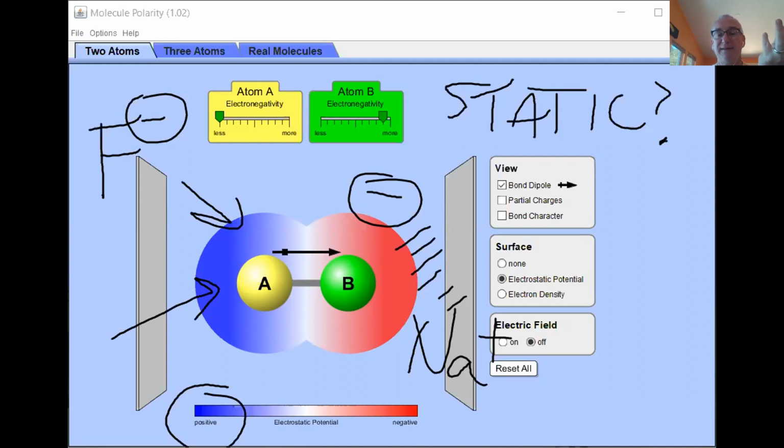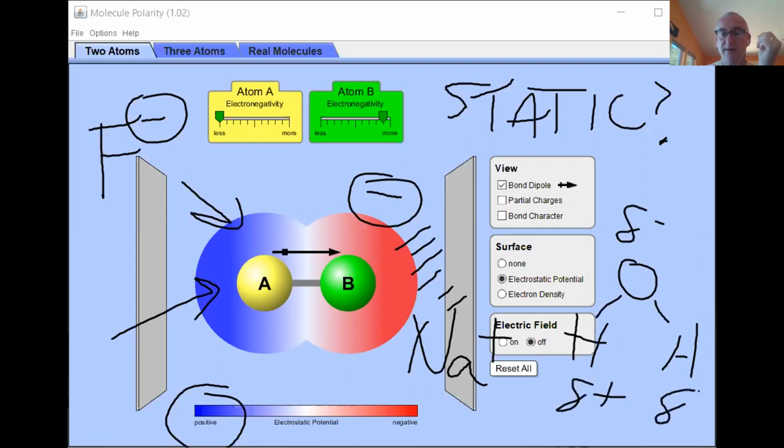And this is, in fact, how water, for instance, attracts ions, how it bonds with ions. We'll look at water as one of the real molecules. Water has a partial negative charge around the oxygen, and we'll see how that works, and partial positive charges around the two hydrogens. And so it's this side that interacts with sodium.